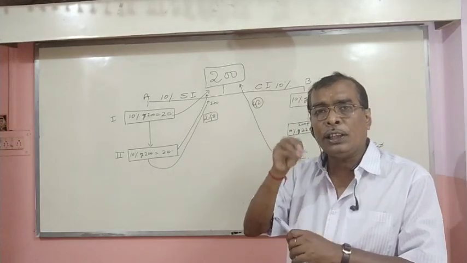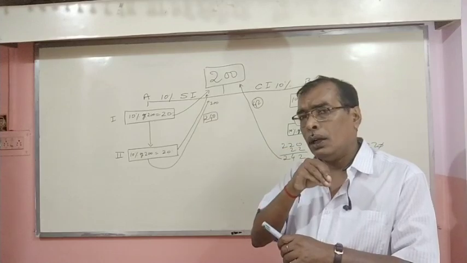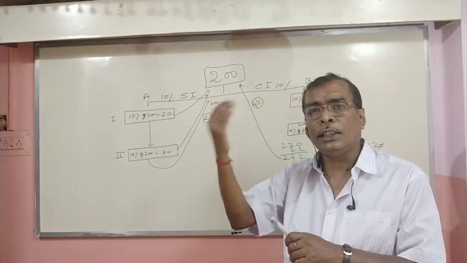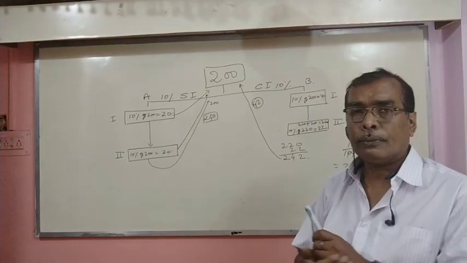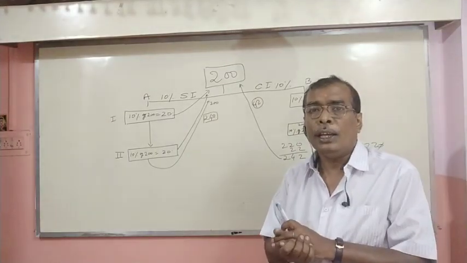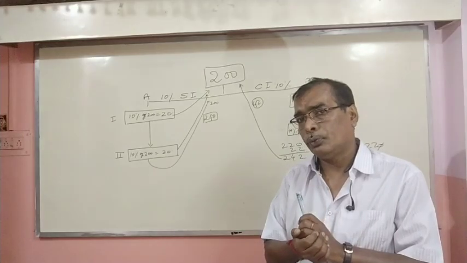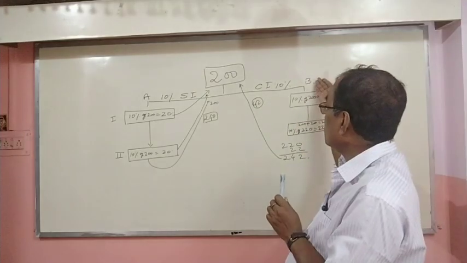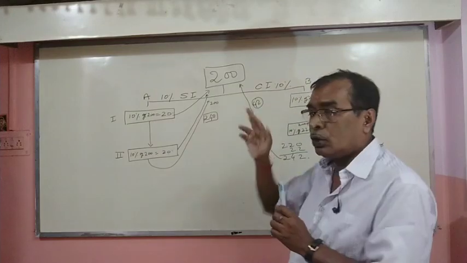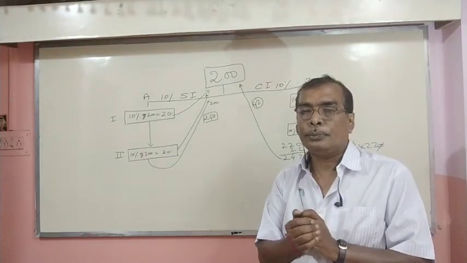He is actually keeping it with him, and this 20 rupees again he is investing for the second year. That's why he will have to pay interest on the 20 rupees again also. So this way, from this person's point of view, he is actually giving 2 rupees extra.